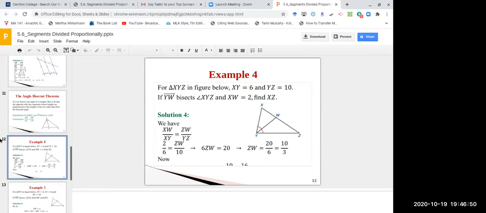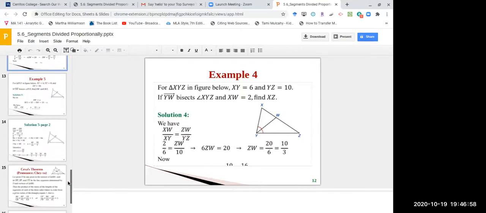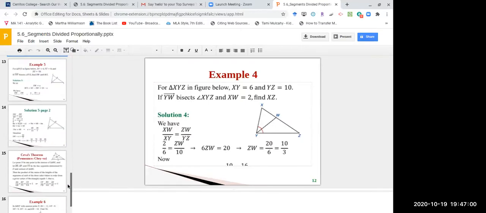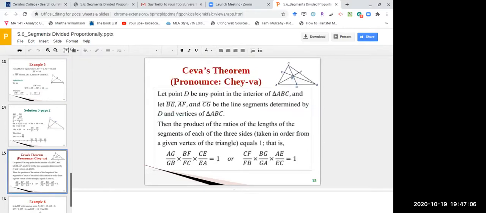Okay, so pay attention to that. We have some other examples for you of that. We do have another theorem here on slide 15, Ceva's theorem. We don't use it that often, but it is pronounced there, and it is used.